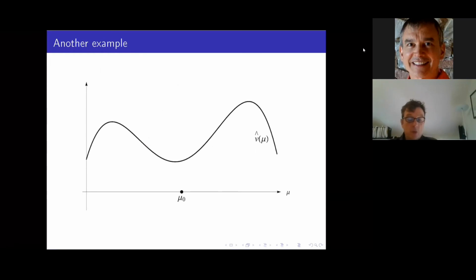So to give you a sense of how this works in other examples, and sort of to give you a fuller sense of geometry, let us think about now a situation where the state space is still binary, so omega 1 and omega 2, and therefore the prior as well as the posterior belief is just a single number, mu, that we're varying along the x-axis.